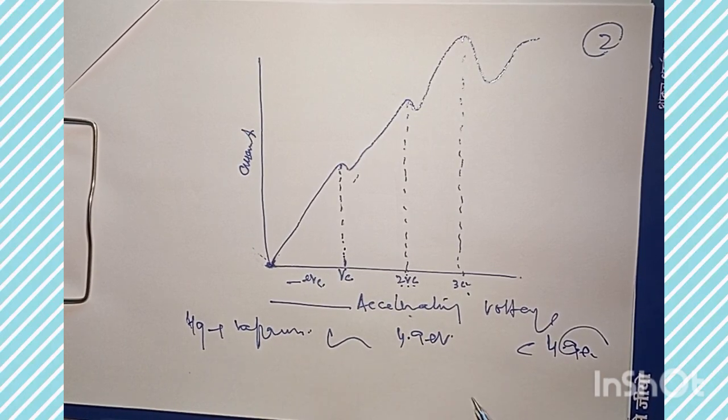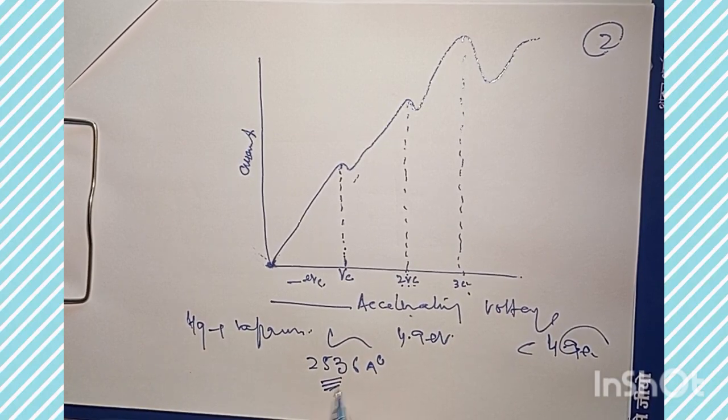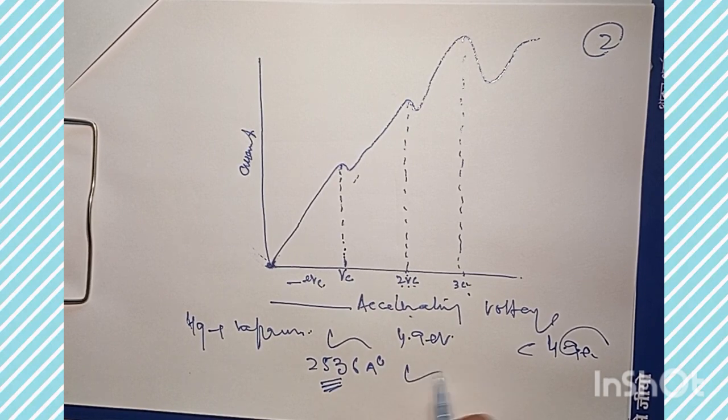Unless the electron reaches an energy of this value, no line appears in the spectrum, such as the 2536 angstrom line of mercury, and a photon of this wavelength has an energy of just 4.9 electron volts.